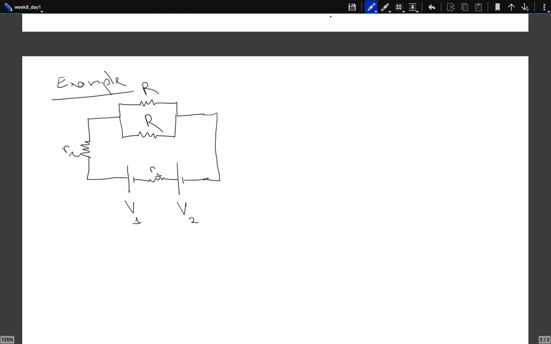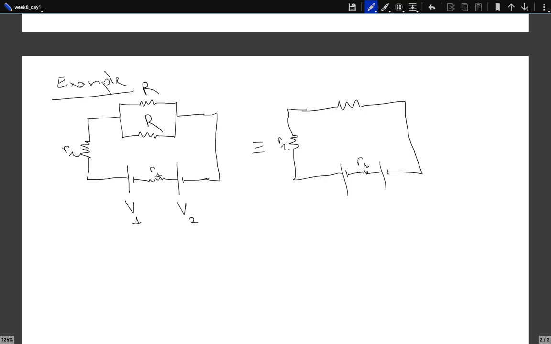Well, let's try to simplify the circuit first. So this circuit is, in a sense, equivalent to this circuit. So this is R2, this is R1.